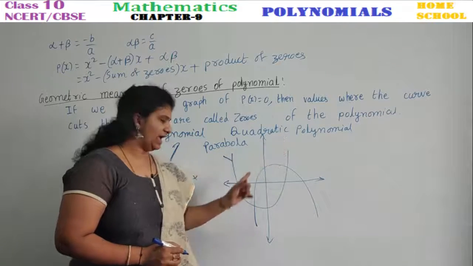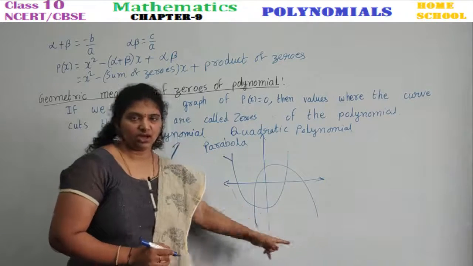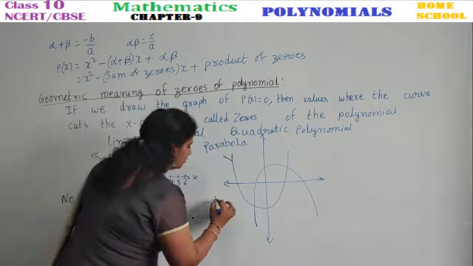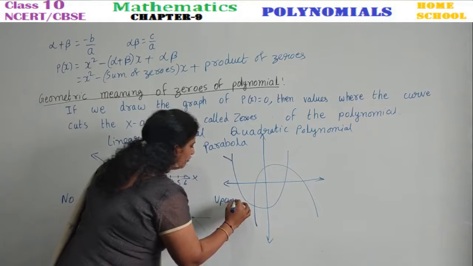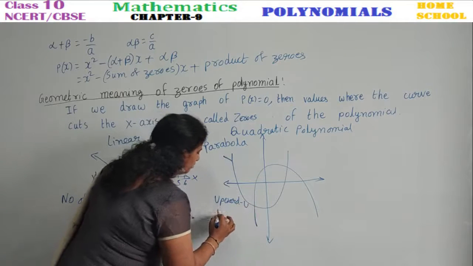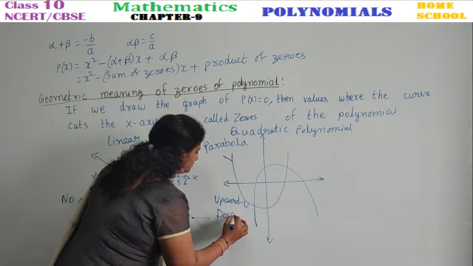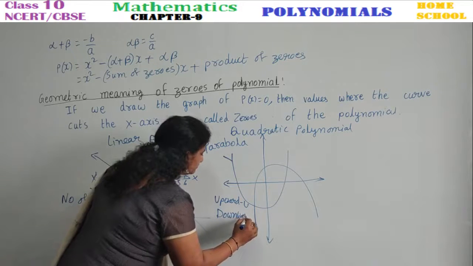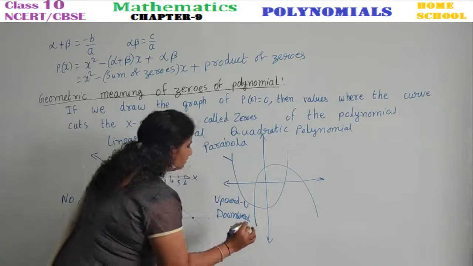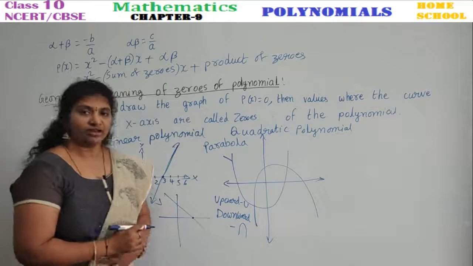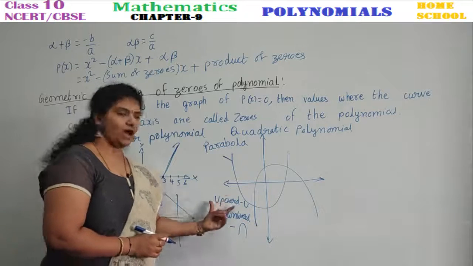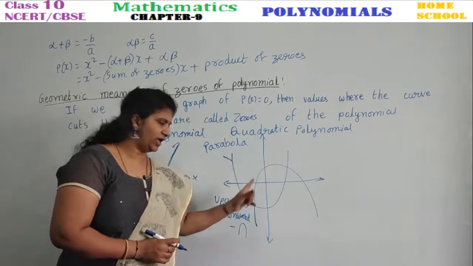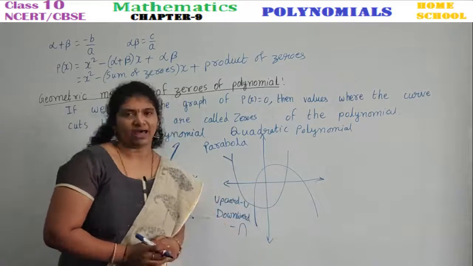Upward is this and downward is this. Upward, you can remember U. Downward, you can remember inverted U, reverse U. This is an upward parabola and this is a downward parabola.